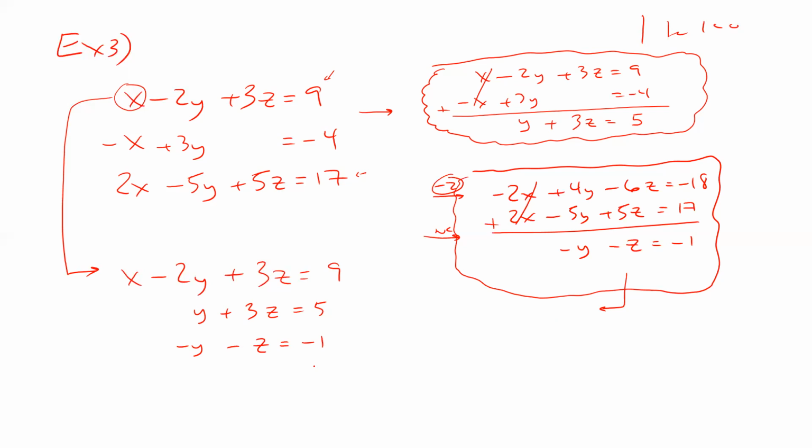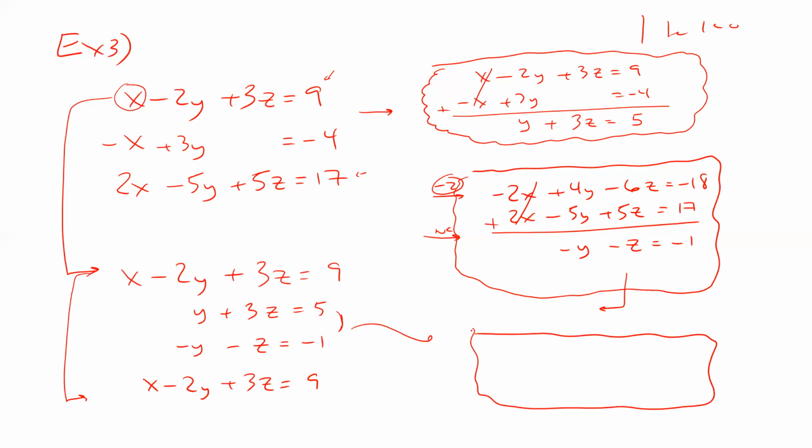So the top equation remains the same, no change whatsoever. It's just a little bit tedious here. Now we're going to work with these guys, so our world of elimination again. Real quick, we can interchange things, right?